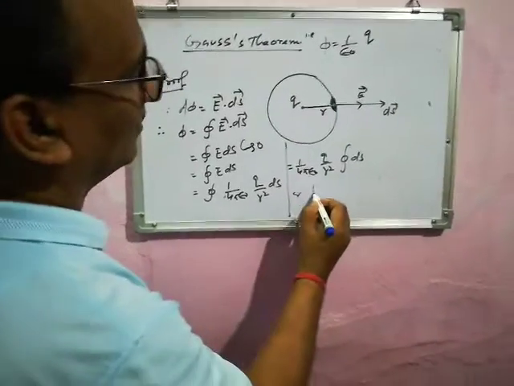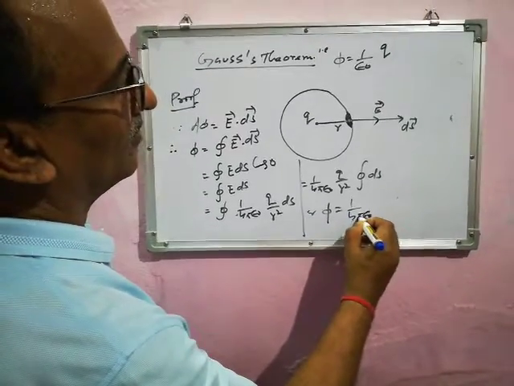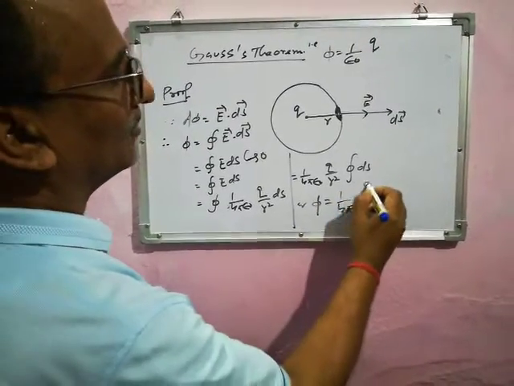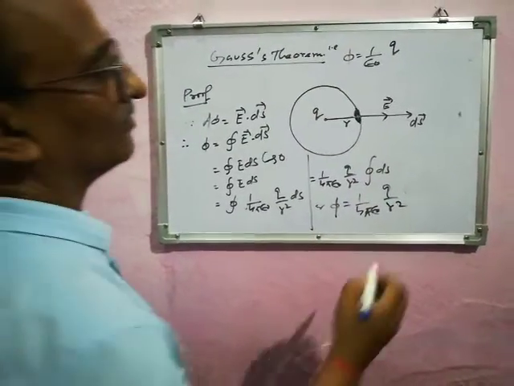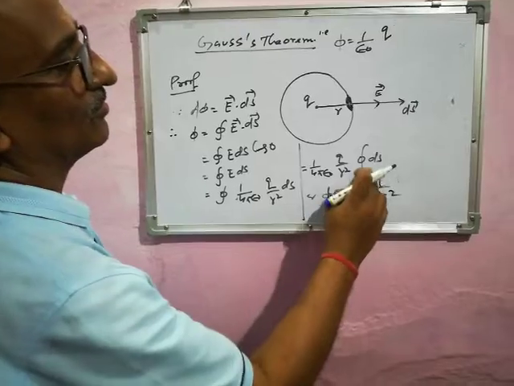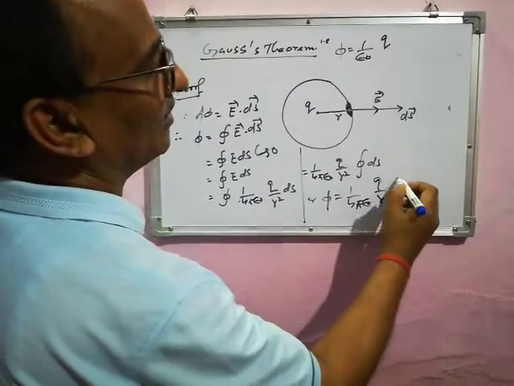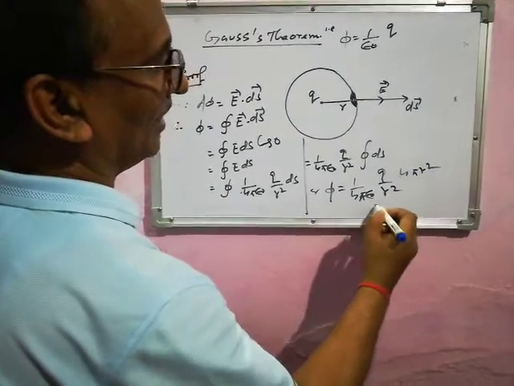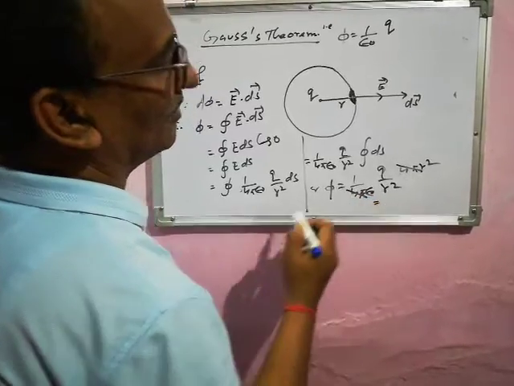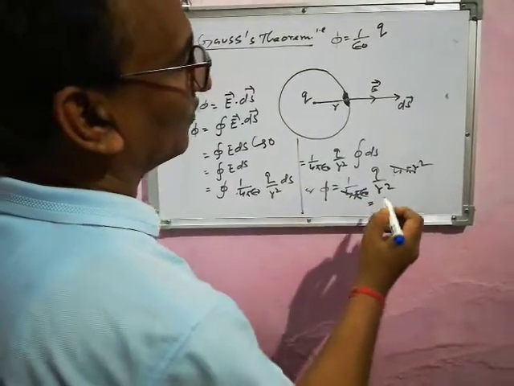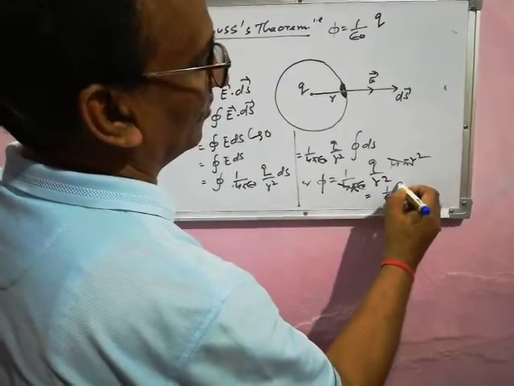As we know, the surface area of the sphere is equal to 4 pi r square, so the integral of ds will be equal to the total surface area, that is 4 pi r square. The 4 pi will be cancelled by this, and r square is also cancelled here, so it becomes equal to 1 by epsilon naught into q.